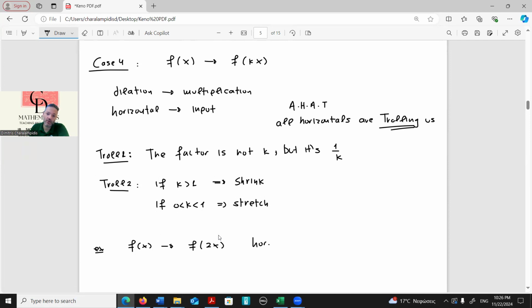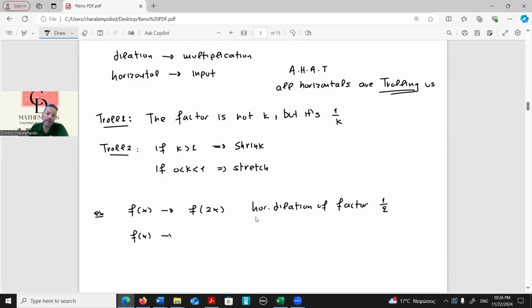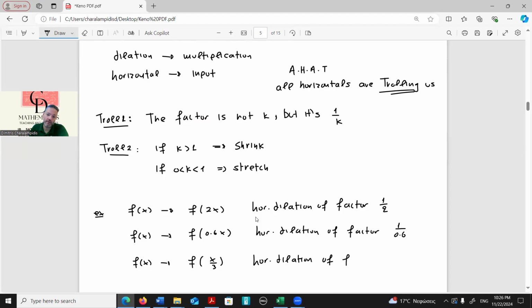This can be described as a horizontal dilation of factor, not 2, but its reciprocal, a factor of 1 over 2. f of x moving to f of 0.6x is a horizontal dilation of factor not 0.6, never what we see, but its reciprocal. f of x moving to f of x over 3 is again a horizontal dilation of factor not 1/3, and that's because x over 3 can also be seen as 1/3 x.